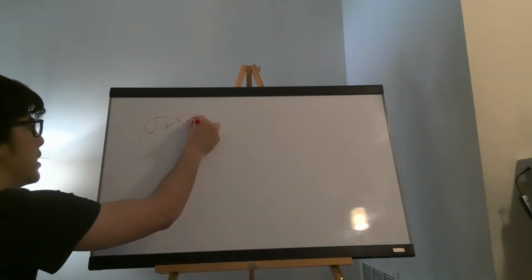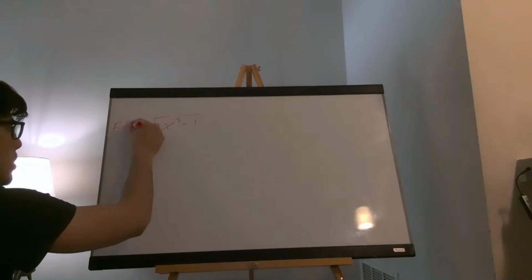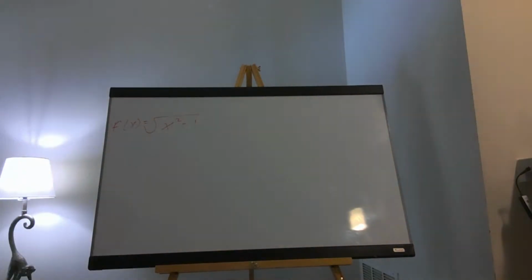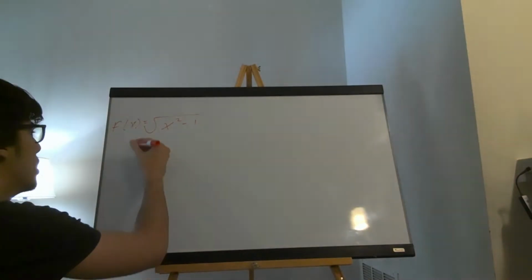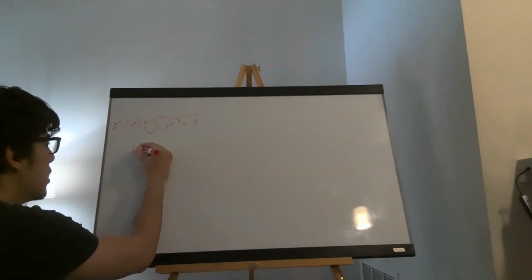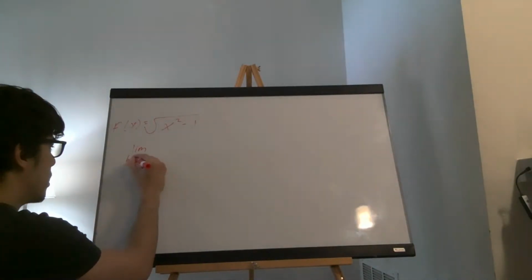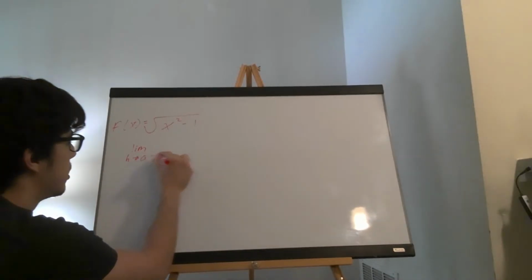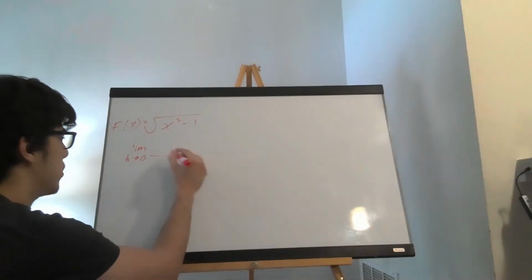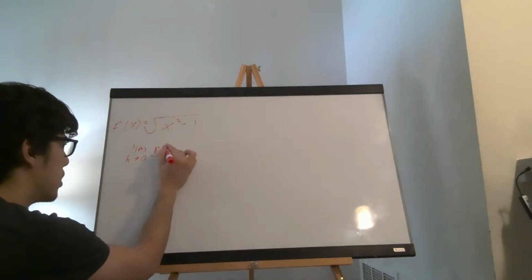x squared minus 1. But yeah, this stuff you should expect on the test. I mean, none of this should be too horrible. So let's set this up as a difference quotient. Limit as h approaches 0, all over h.